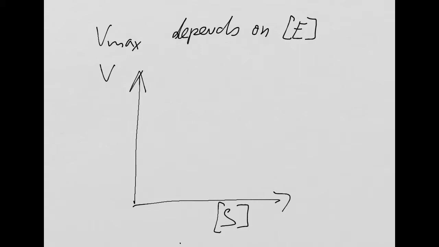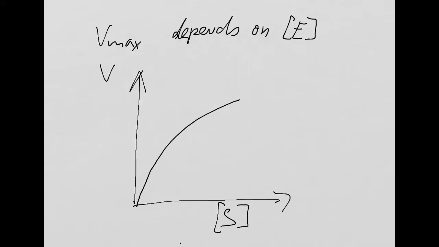Why are you not allowed to use a Michaelis Menten plot? Here is a typical Michaelis Menten plot, something like that. Can you tell me from this plot where Vmax is?